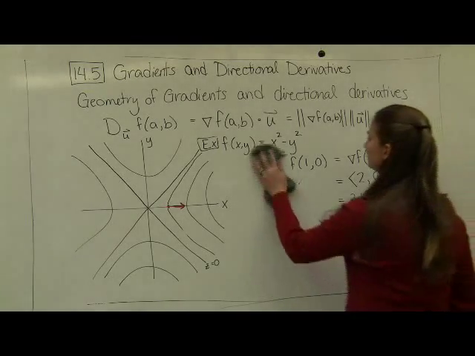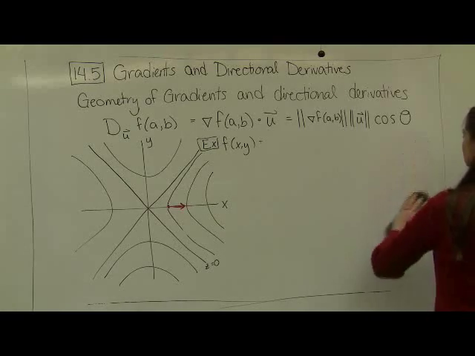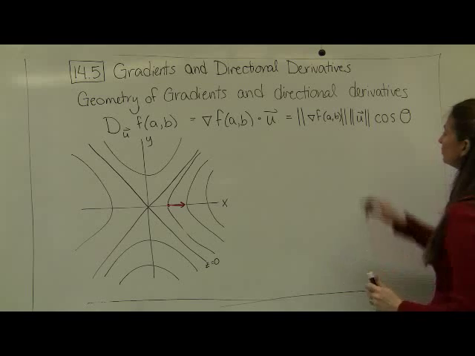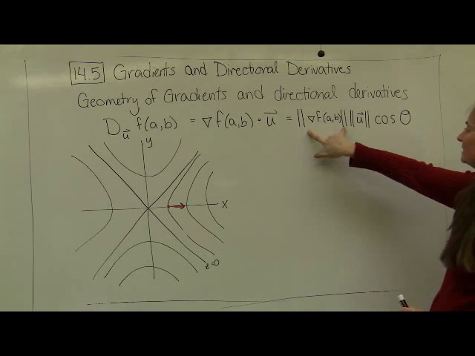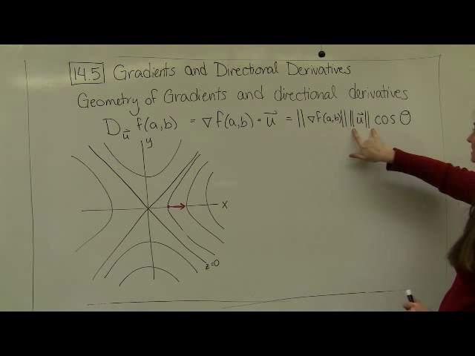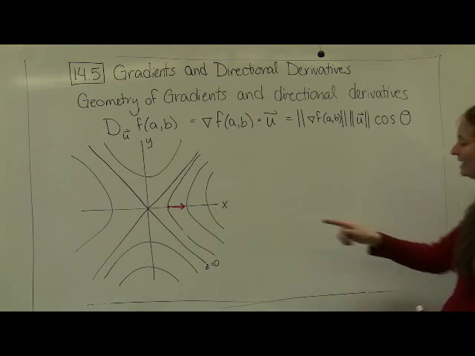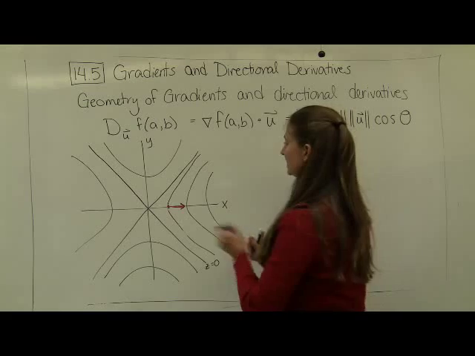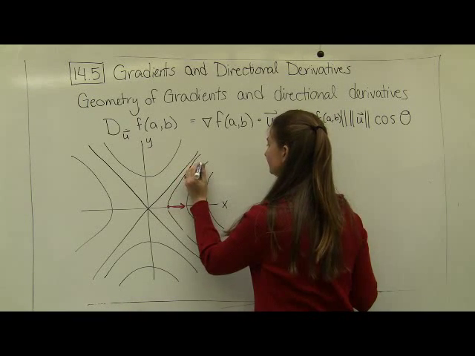So stepping away from the actual numbers, let's look at our definition of dot product and see what that means for directional derivatives. So for example, we know that our directional derivative is given by the magnitude of each of these two pieces times the cosine of the angle between them. Well, at any given fixed point, let's go ahead and fix ourselves at some point out here, (a, b).